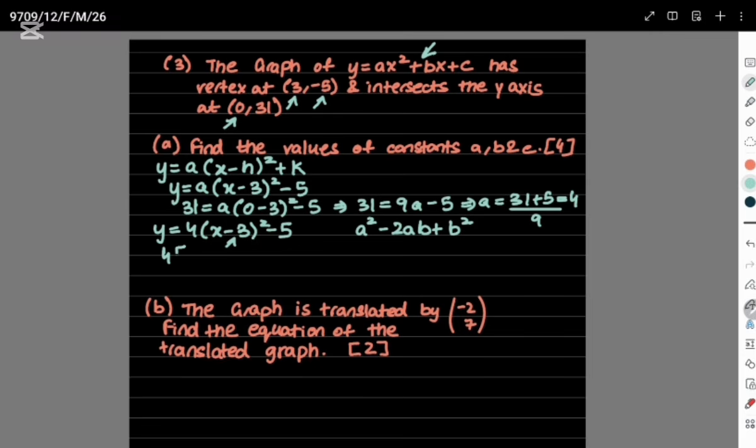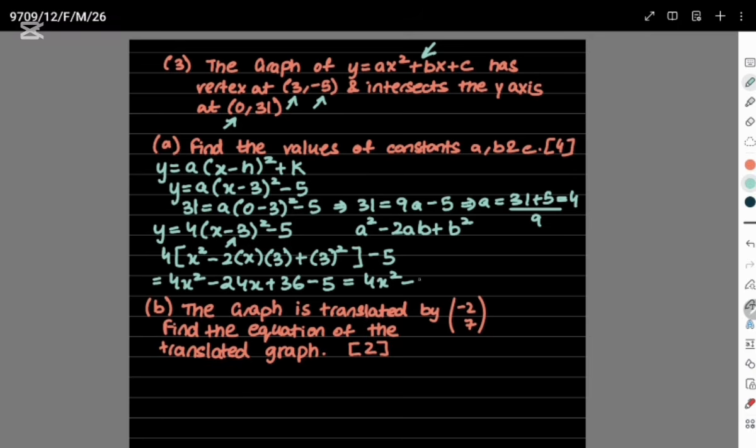So just simply expand this. a is x and b is 3. x squared minus 2 times x times 3 plus 3 squared, into 4 and minus 5, which gives us 4x squared minus 24x plus 36 minus 5, which gives us 4x squared minus 24x plus 31.